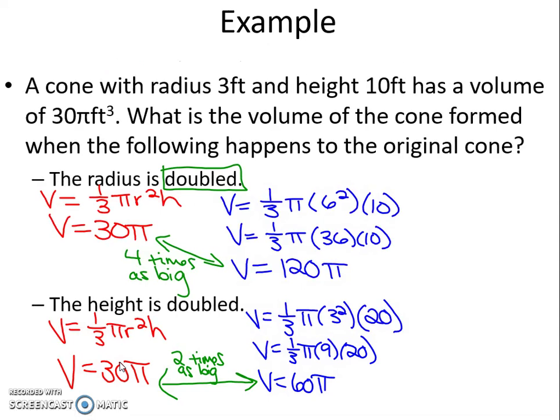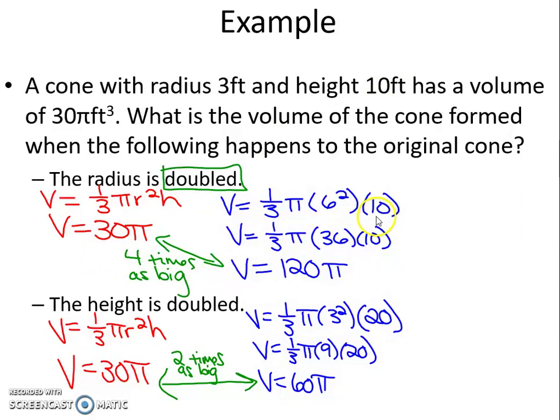For example, a cone with the radius 3 feet and the height 10 feet has a volume of 30 pi cubic feet. What is the volume of the cone formed when the following happens to the original cone? Let's say the radius is doubled. The volume is one third pi r squared h, the formula for the volume of a cone. 3 is the radius, and the height is 10.